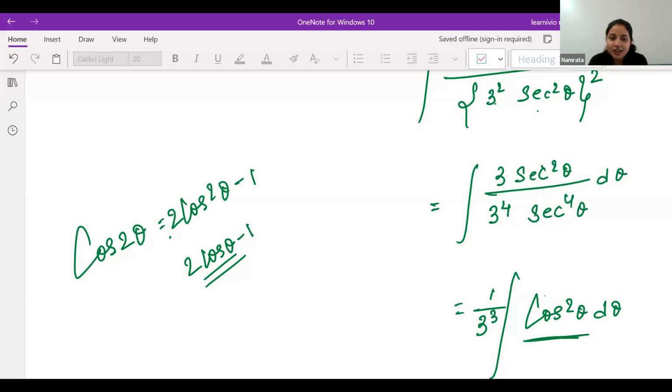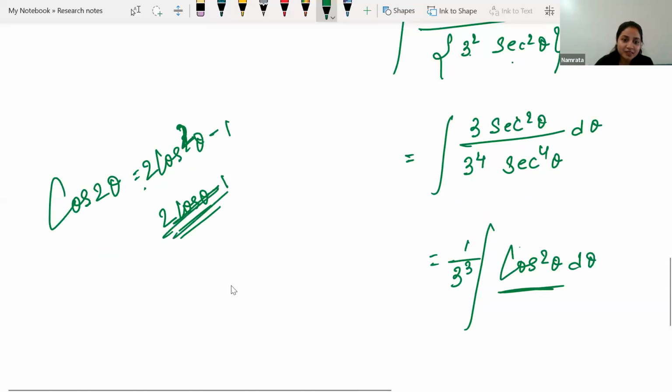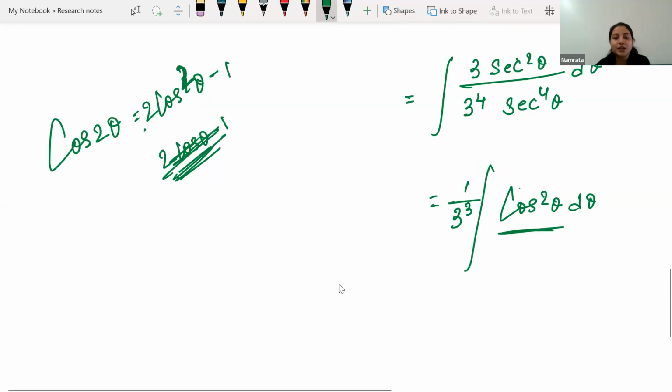Is it so? Ma'am, is that square root 2? This is a square. Okay, then it's correct. Yeah, I have written a square. Okay, power is 2. Let's move ahead. That means it's my fault only, I have not written it properly.